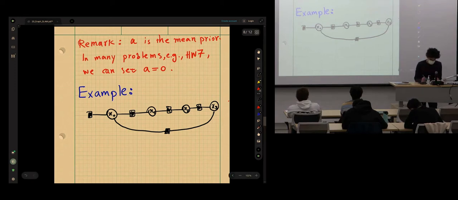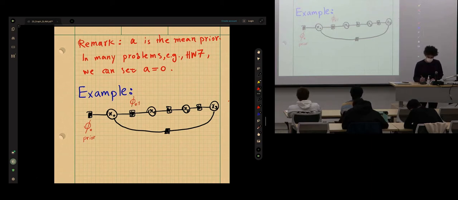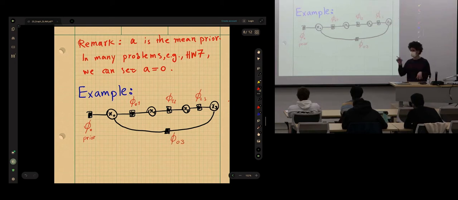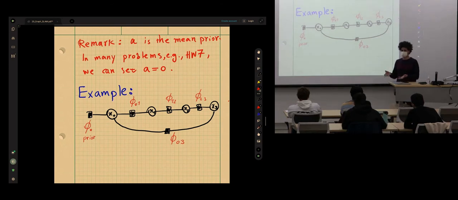So the factors are a prior factor. We have a factor between node 0 and 1, another between 1 and 2, another between 2 and 3, and another factor between node 0 and 3. The fact that I'm using phi means all of them are the same type.